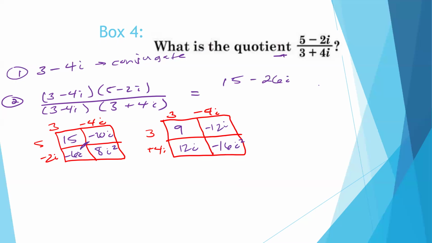Negative 26i. And then we have 8i squared. What does i squared mean again? Negative 1. So we have positive 8 times negative 1. That's in our numerator. Are you with me? And then for our denominator, we're looking at the insides here. The middle here do what? Cancel out. One is negative and one is positive, so they're gone. So we're just left with 9 minus 16 times negative 1.